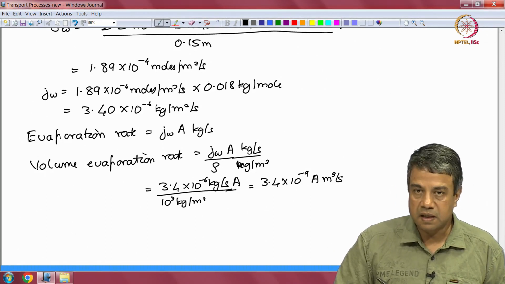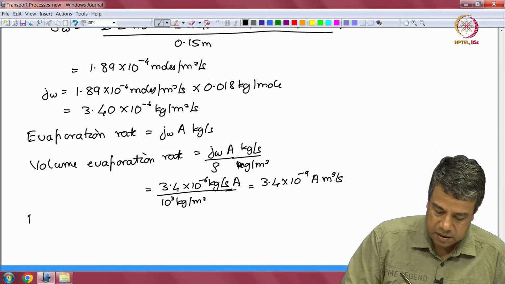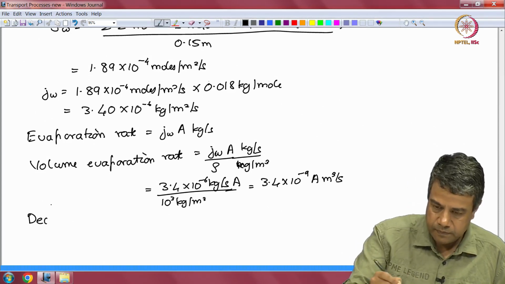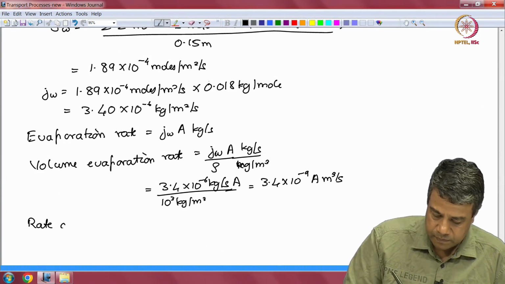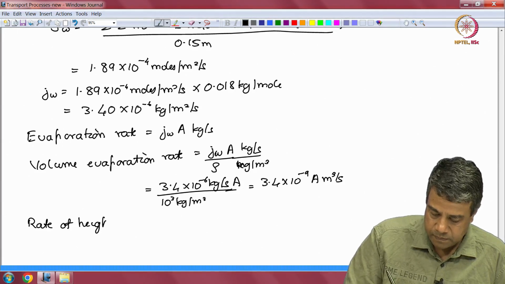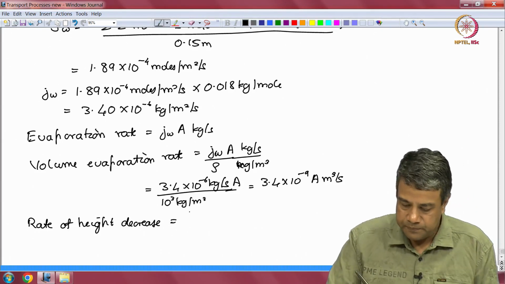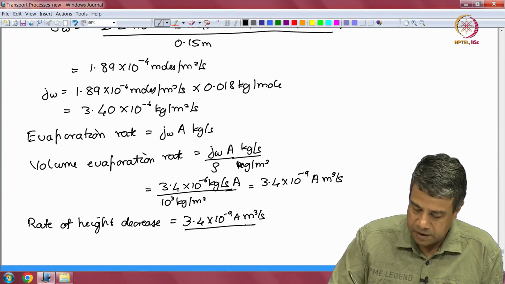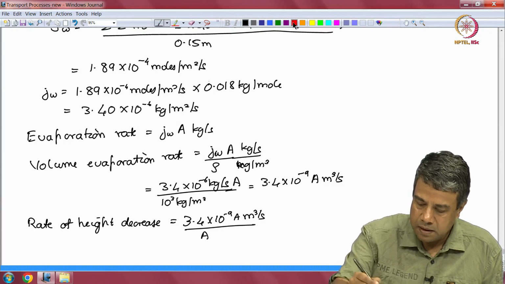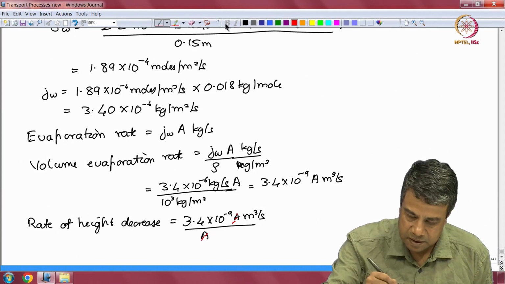The decrease in height is the volume evaporation rate divided by the area, which is A, and the area cancels out and you just get 3.4 into 10 power minus 9 meter per second.